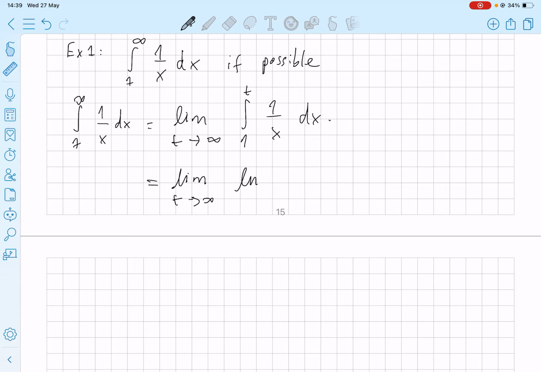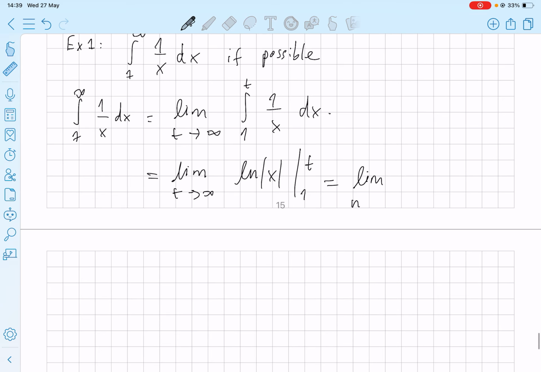This equals the natural log of the absolute value of x from 1 to t. Expanding it, we have natural log of t minus natural log of 1.